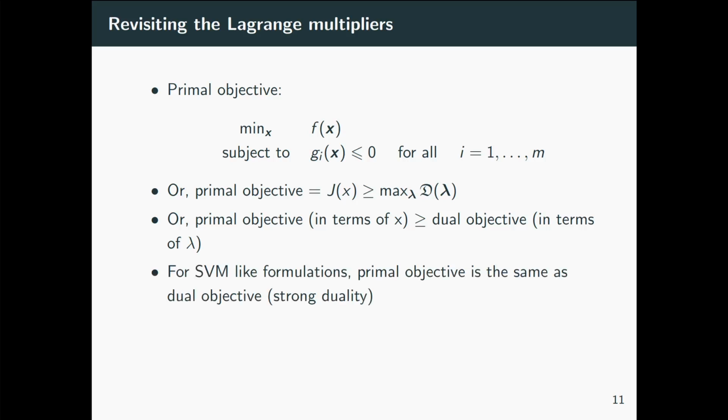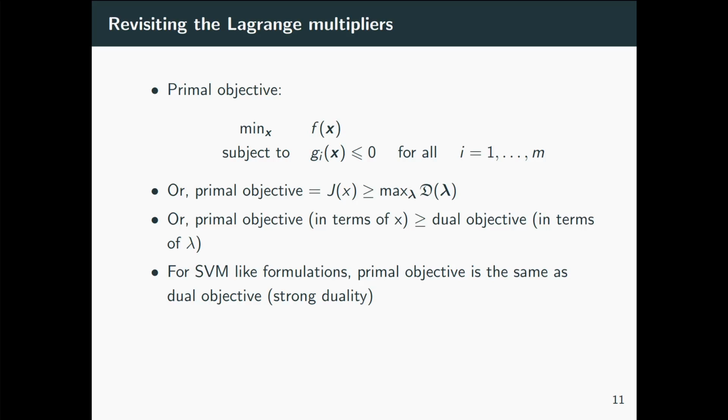What we've shown is known as the weak duality concept, that the primal objective is greater than or equal to the dual objective. But for specific cases of problems like the SVM formulations, the primal objective is the same as the dual objective, so this inequality is actually an equality.